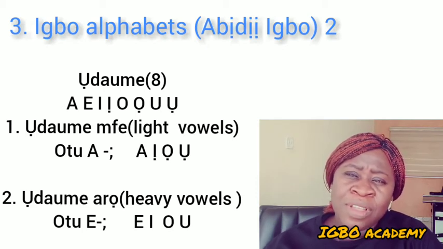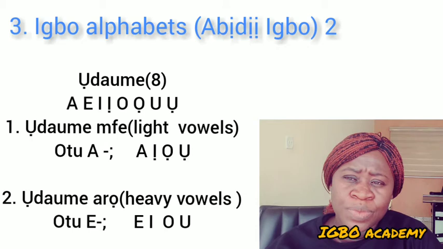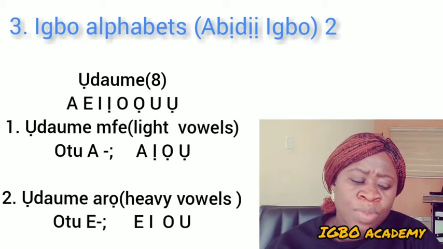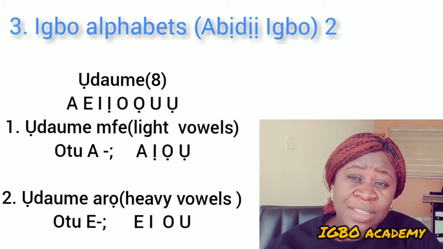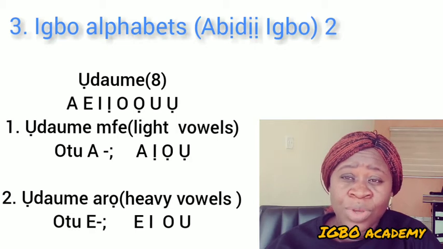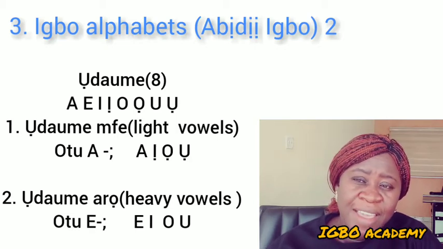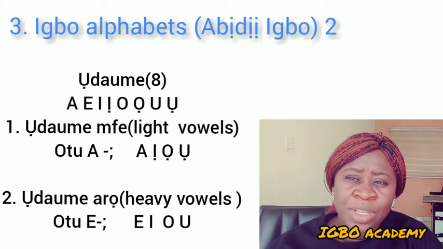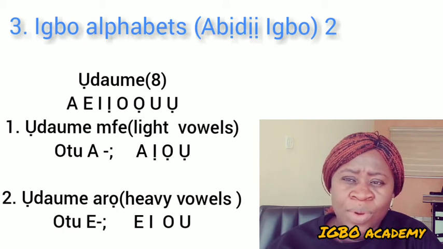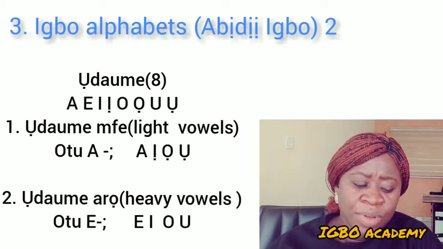The vowels are further divided into two. That's udaume is divided into two. You have the udamfe, which are the light vowels, and the udaro, which are the heavy vowels.